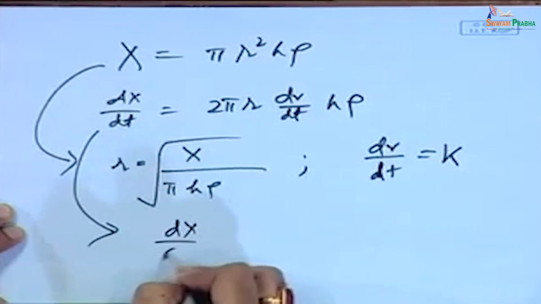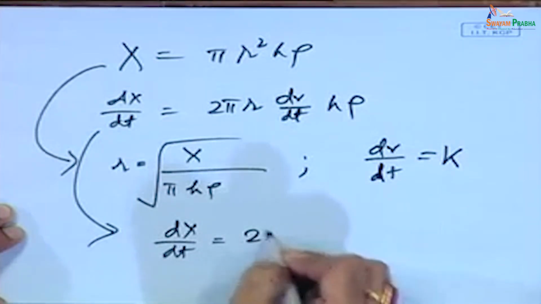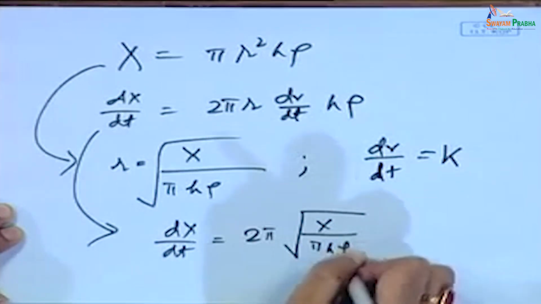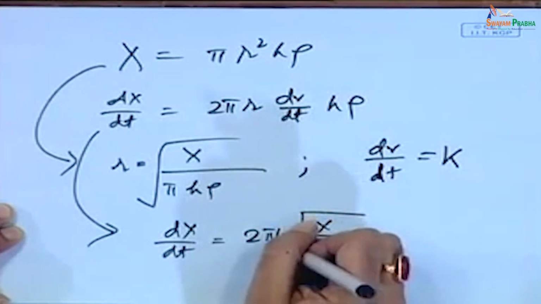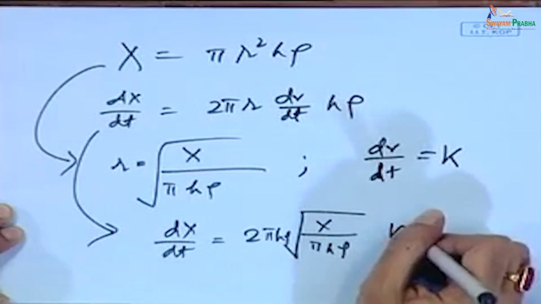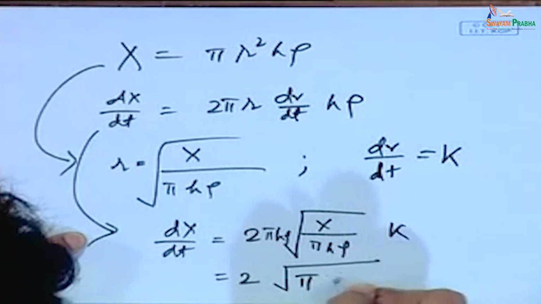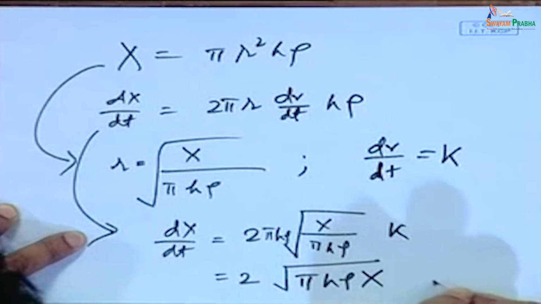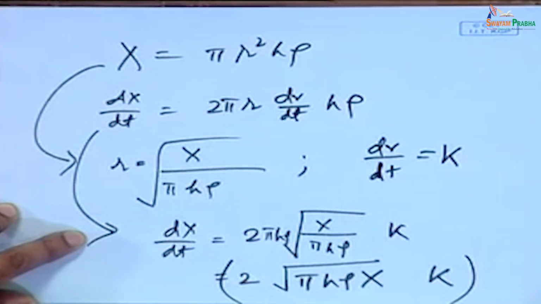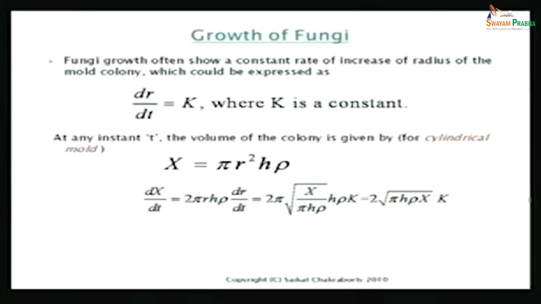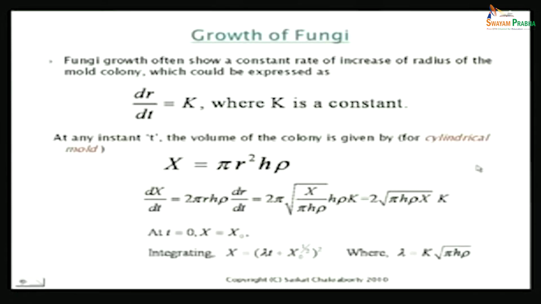I get dx/dt equals 2 pi times the square root of x over pi h rho, times k. So then you can simply go ahead and integrate this, and you will find out how the mold changes with time.